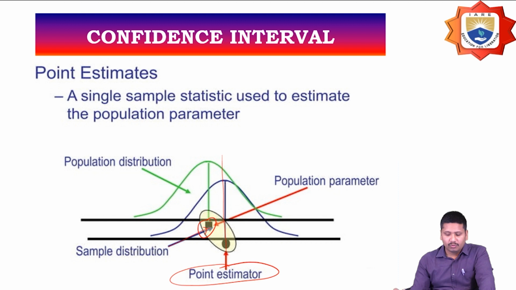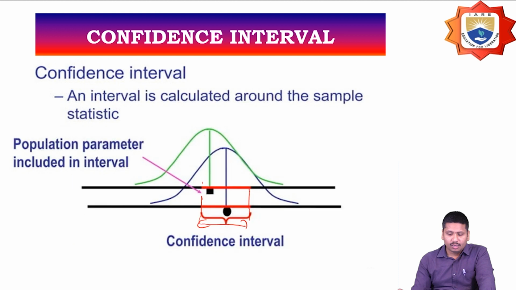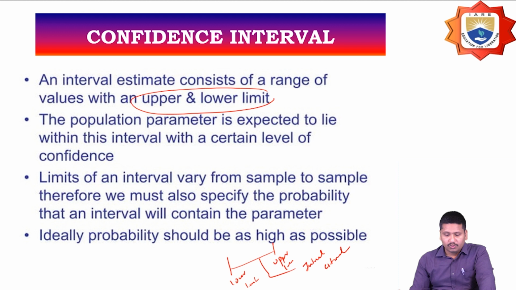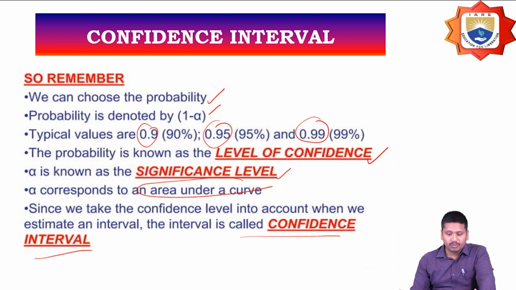Normally an interval estimate lies between a lower limit and an upper limit, in between those of the population distribution and the sampling distribution. The confidence interval is the area that lies between the lower and upper limit values. So we can know the region of the lower limit and upper limit, with the point estimate in between.